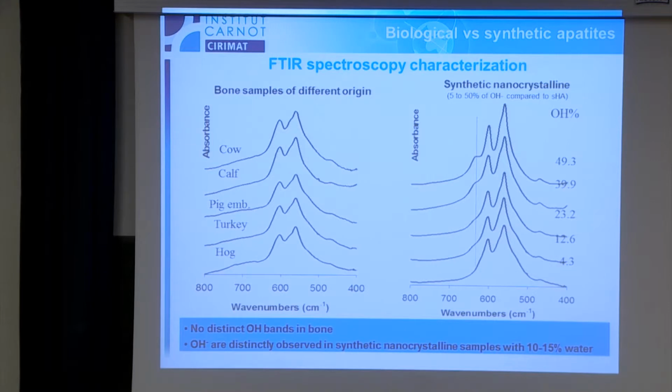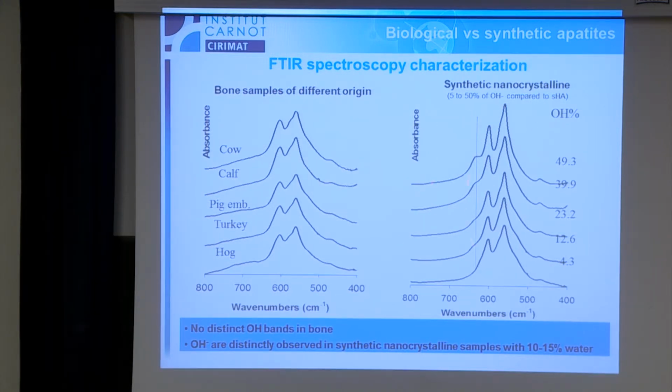If we look at the characterization by FTIR spectroscopy, here you have the example of spectra of bone samples of different origin here in the ν4 PO4 domain. And here we have synthetic nanocrystalline apatite, I forgot to add apatite, with OH content between 5 and 50%, compared to stoichiometric hydroxyapatite.